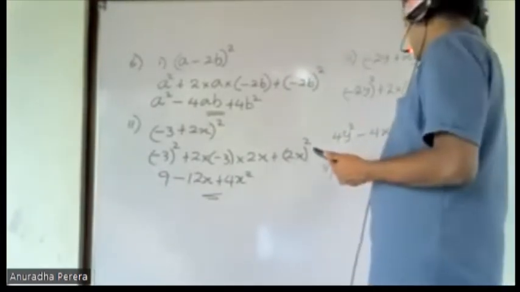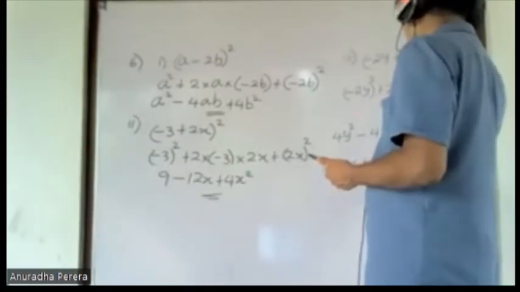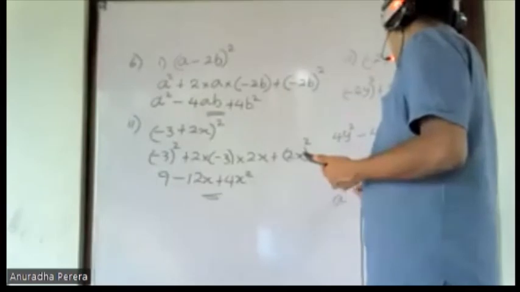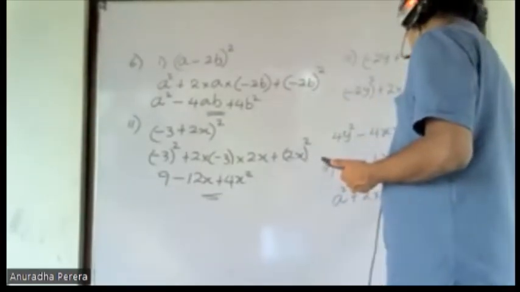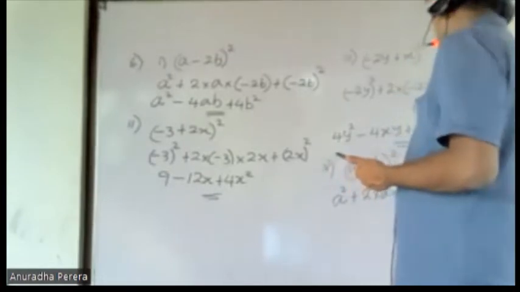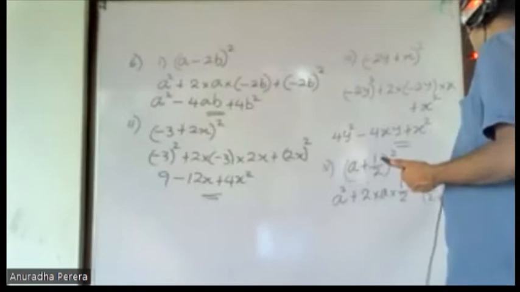The last one, a plus half squared. a squared plus 2 times a times half, plus half to the power 2.